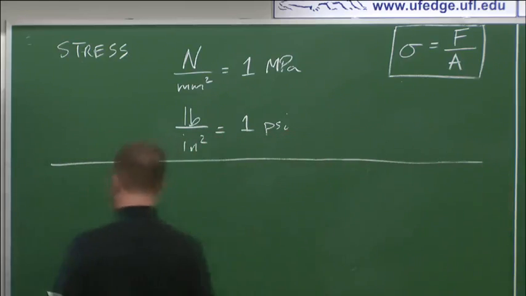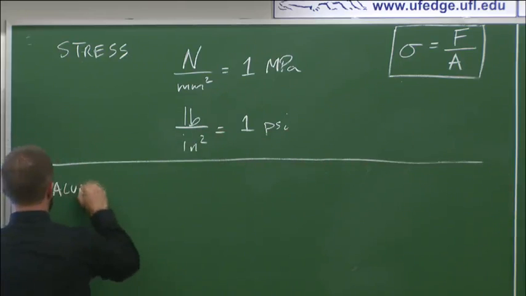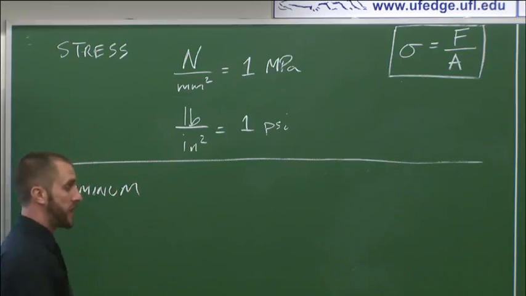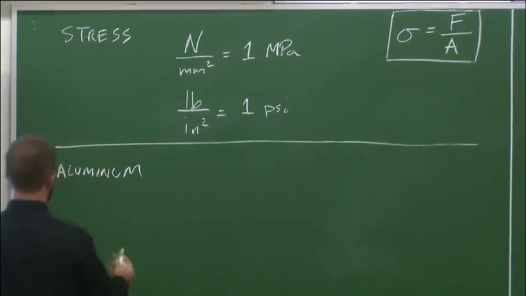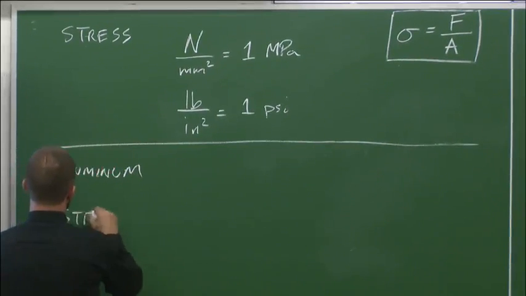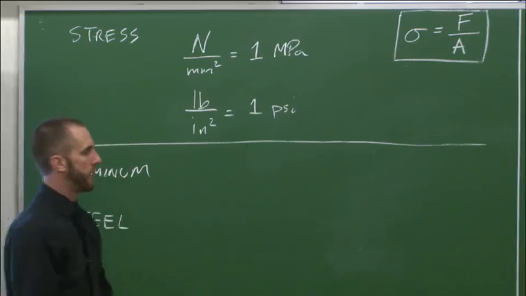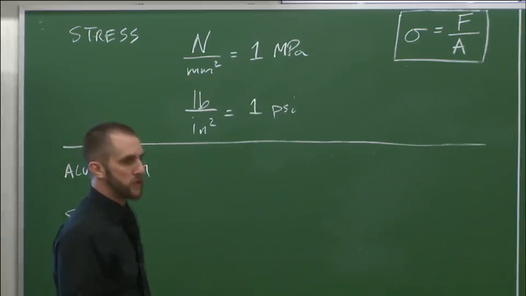This is not exhaustive, just what I pull off the top of my head. Aluminum, very common because it's very light, fairly strong for its weight, and relatively inexpensive. And let's look at steel. Probably one of the most common structural materials in every large building, concrete and steel. It's the building material of the 20th century.